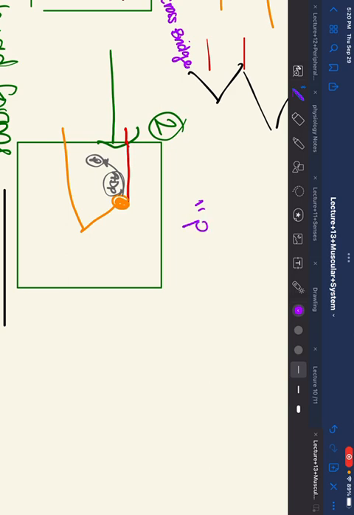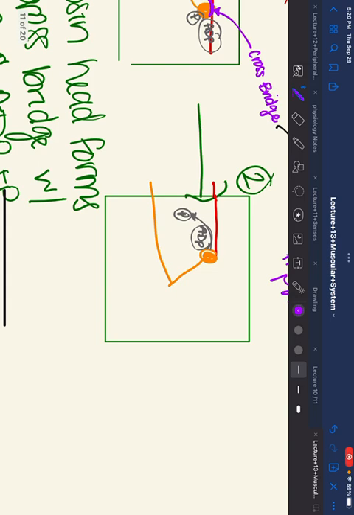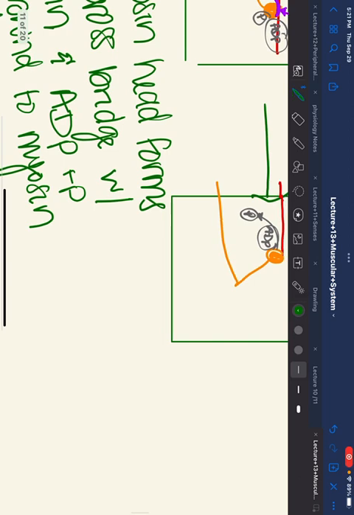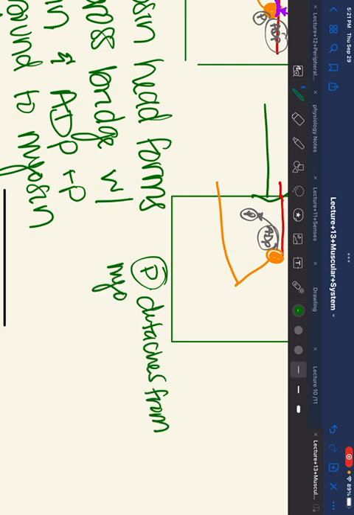Okay, so what happens in this next stage is the phosphate pops off the myosin head, and that causes the myosin head to perform the power stroke.